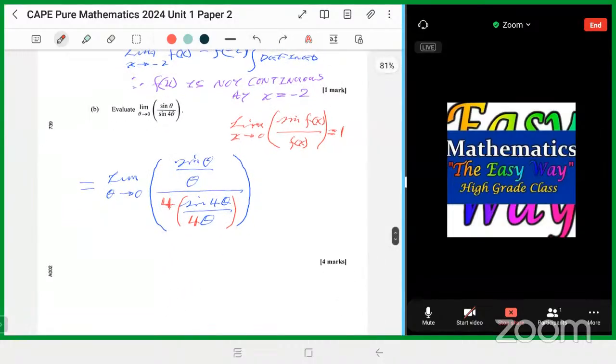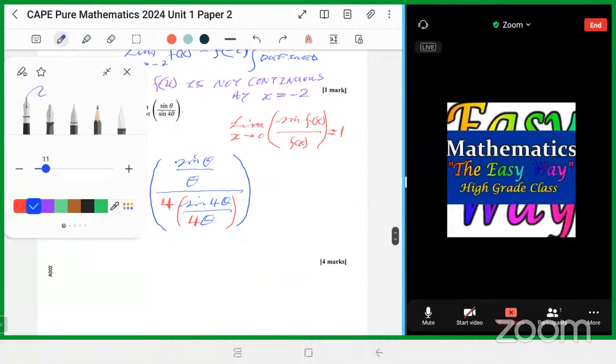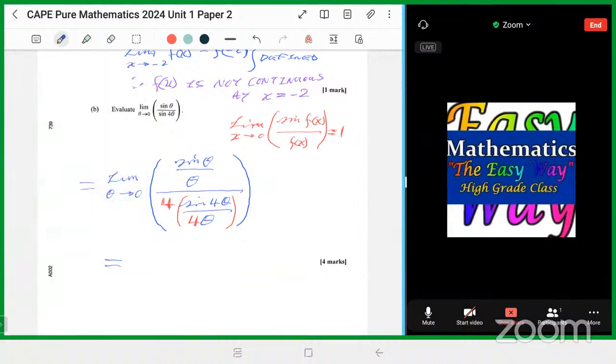So this becomes 1 divided by this 4, and this becomes 1. And the answer is simply a quarter. A quarter is the answer right there. And it's nice and easy, 4 marks.